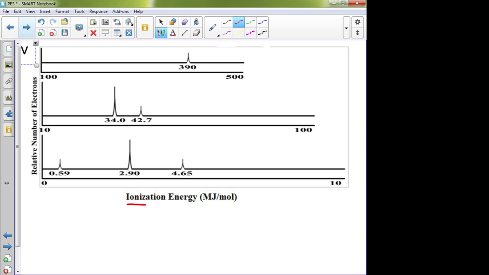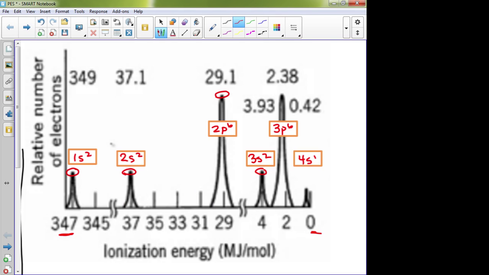Your x-axis is still ionization energy. Your y-axis is still relative number of electrons. What's the difference? Instead of it all being on one line, notice here how they show these squiggly marks? That means there was a big jump. Notice we're at 347, 345. All of a sudden we took a jump to 37.